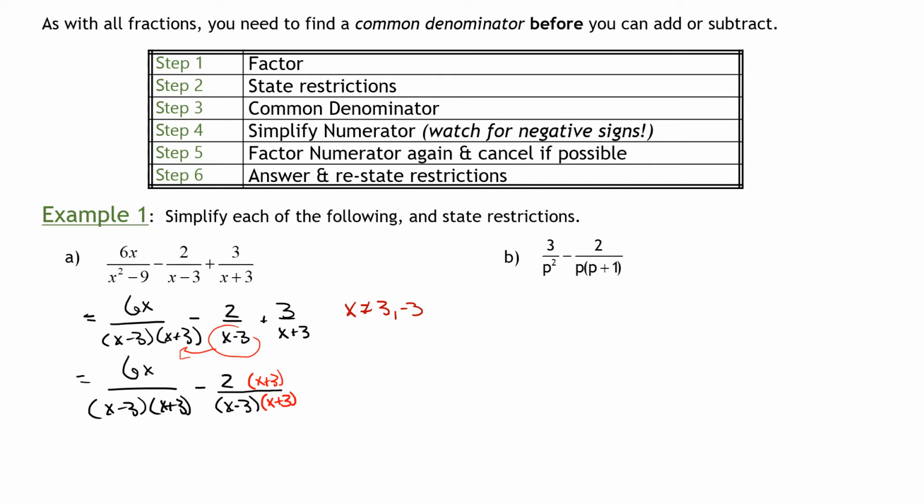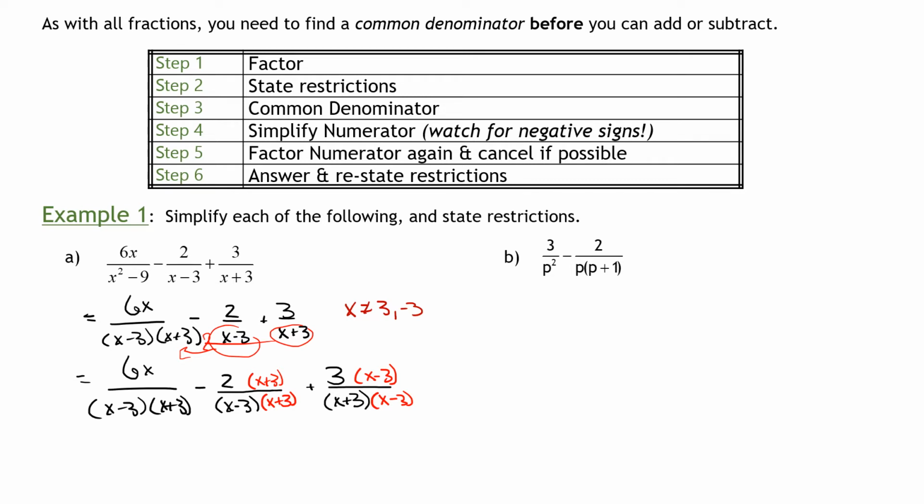Next one is plus 3. I'm going to make my line a little longer there, and I'm putting a bracket around the denominator so I keep it together. What's this x plus 3 missing that this denominator has? It's missing an x minus 3, so I do the same to the bottom that I do to the top, multiply by x minus 3.